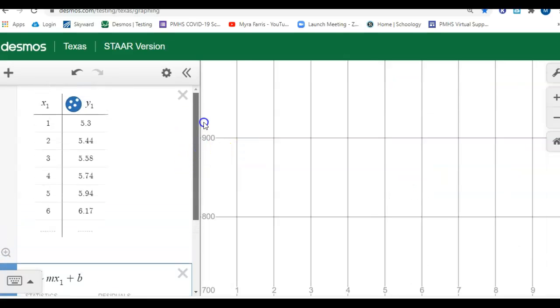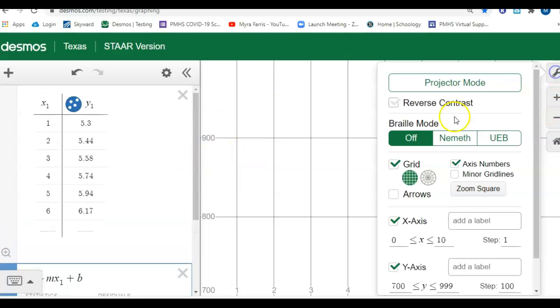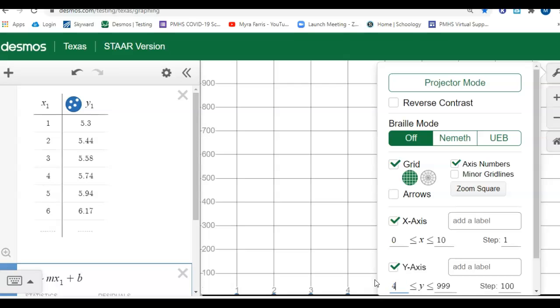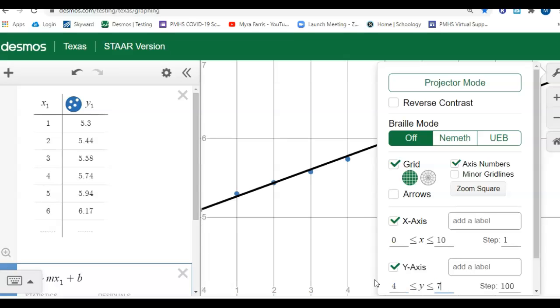Our data points this time, 1 through 10, that would be okay, but this is going to have to be maybe something like 4 to 7. I always want to go a little bit smaller than my lowest point and a little bit more than my highest point. So if you want to see the data points, you have to change your scale.